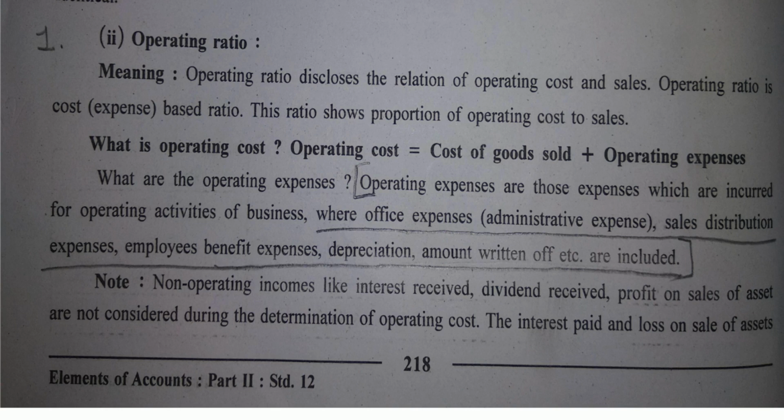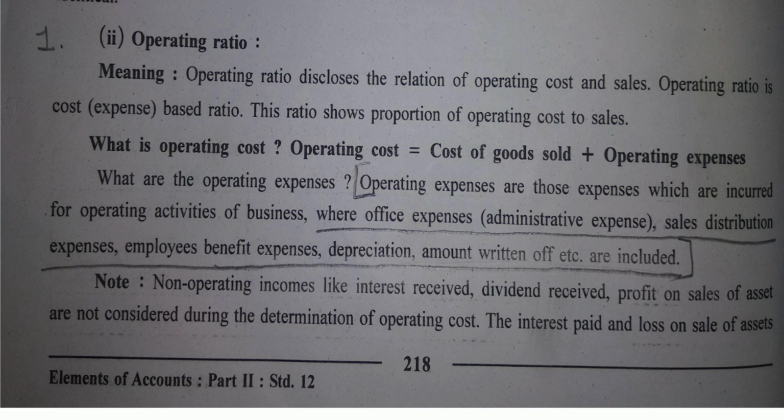This ratio shows the proportion of operating cost to sales. Firstly, what is operating cost? It is COGS, that is cost of goods sold. We learned the formula for obtaining this while understanding gross profit ratio; how to obtain cost of goods sold is given in lecture 1.